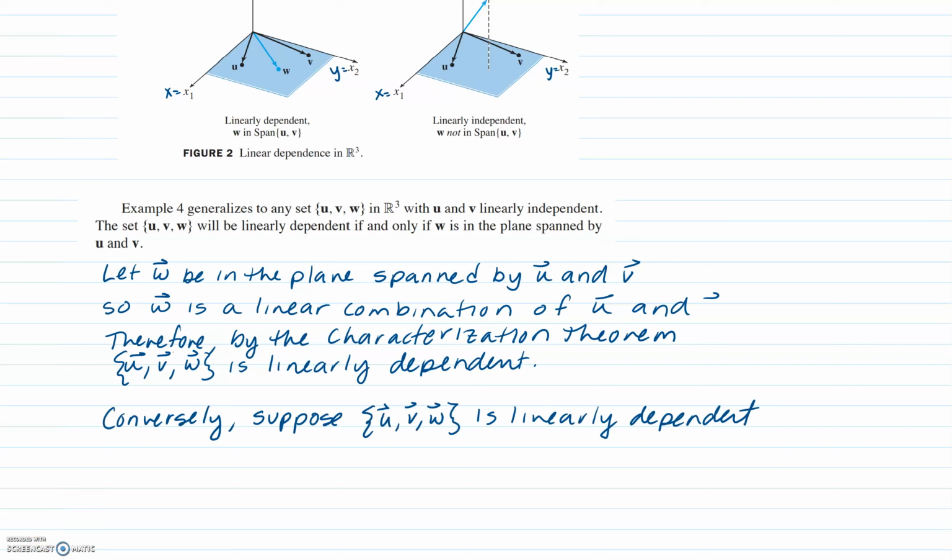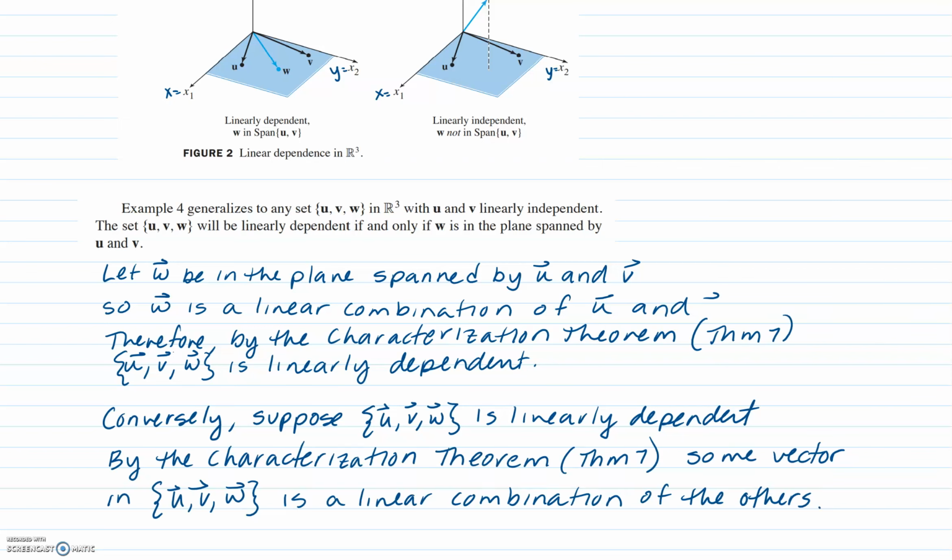Suppose U, V, and W are linearly dependent. So again, by Theorem 7, there is some vector in U, V, W which is a linear combination of the preceding vectors. And that vector must be W, since U and V are linearly independent.